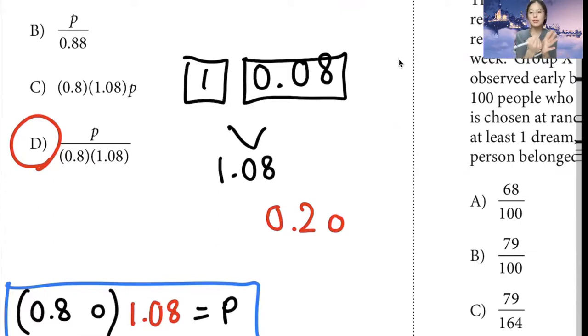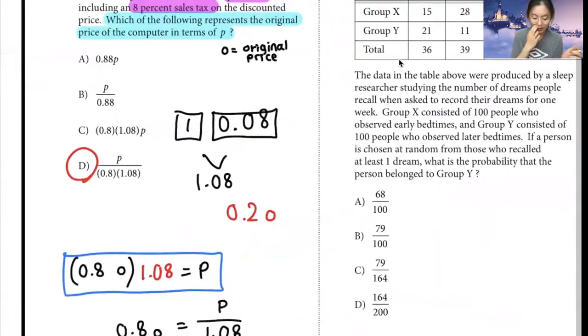But you don't want to find that out. You want to find what's left after you discount the 20%, which is the remaining 80%. That's why we times it by 0.8.